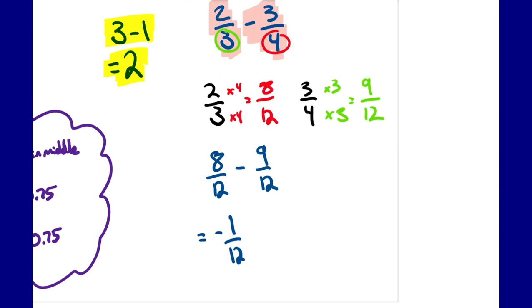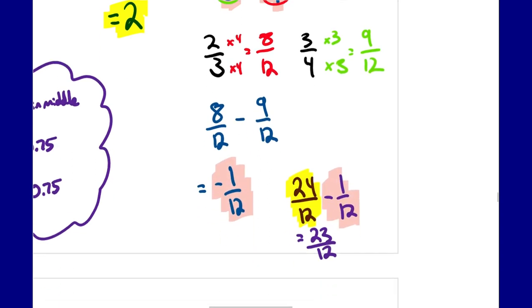I still have to go through and make like terms or common denominators at the end. So 2 is the same thing as 24 over 12 minus 1 over 12 is 23 over 12. So this 24 over 12 came from the 2. And this came from here. It was 23 over 12 or 1 and 11 twelfths.